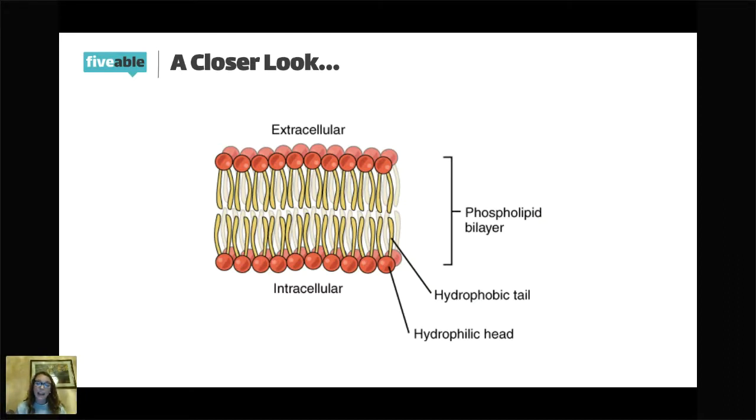And then those fatty acid tails, which are the yellow squigglies that you see in the inside, those guys are hydrophobic or water fearing, and they are going to regulate what can and cannot get through the cellular membrane. So water is polar. So if water is trying to get through and all of these tails are water fearing, right, it's going to have a hard time getting through the plasma membrane on its own.